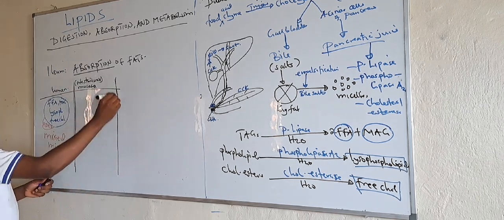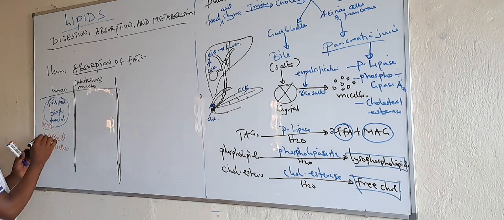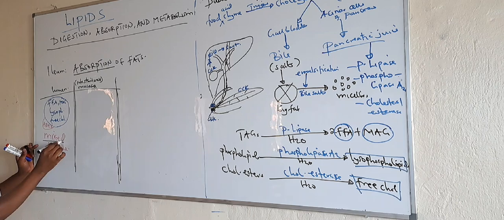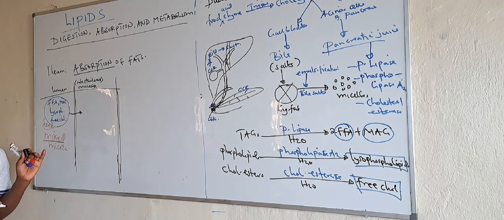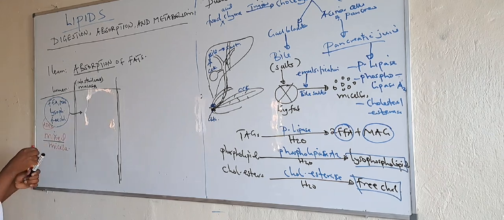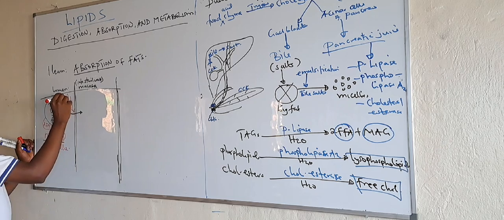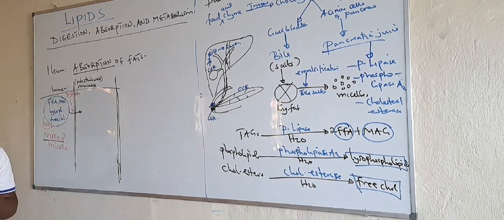After the fat-soluble vitamins combine to form a mixed micelle, they cross the intestinal wall by simple diffusion, and they enter into the walls of the ileum.